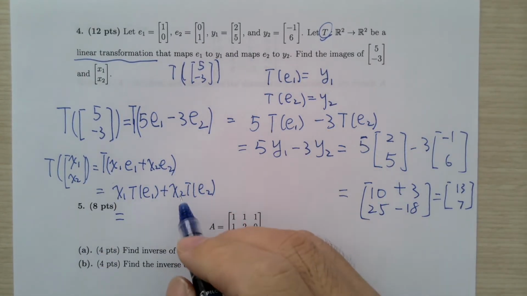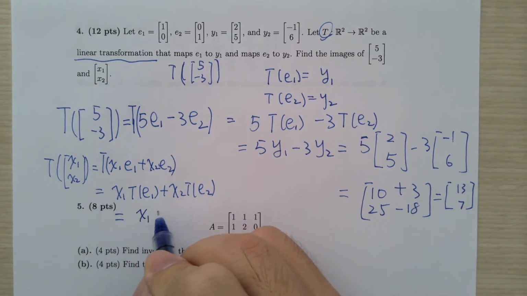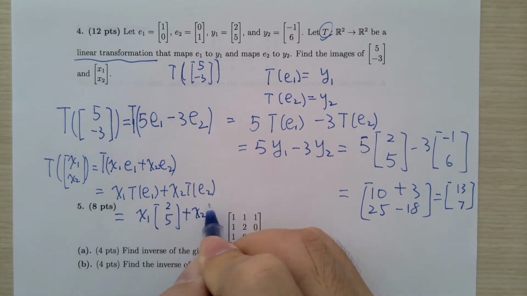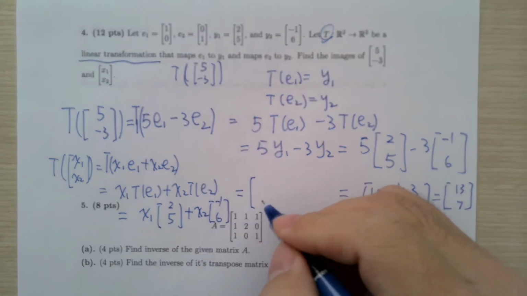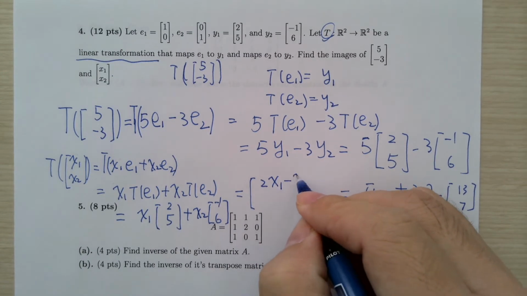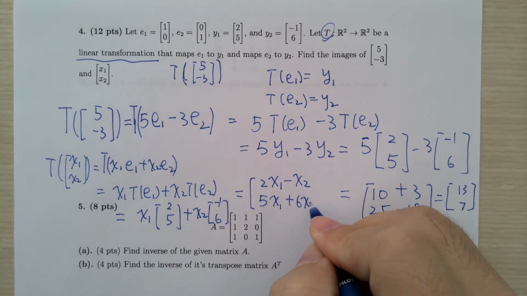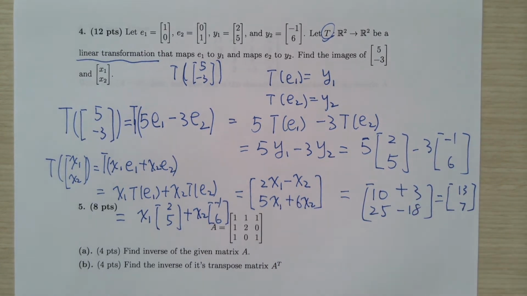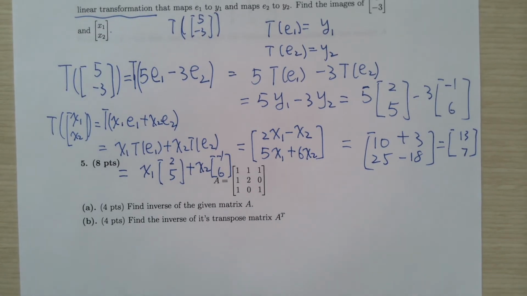We know that this is y1, this is y2. So this is x1 times (2, 5) plus x2 times (-1, 6). It becomes (2x1 minus x2, 5x1 plus 6x2). Yeah, so that's going to be the image of this. All right, simple.